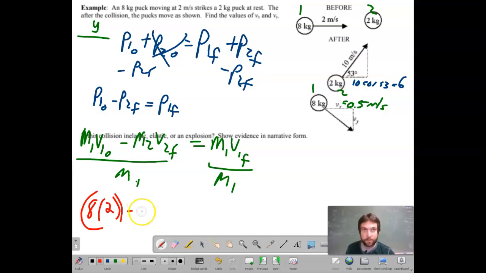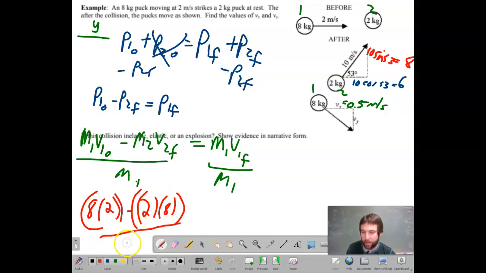Use parentheses like they are free. M2 is 2 times our final speed in the y direction. Oh, we've got to do that too. 10 sine theta. And we get 8 meters per second. Divided by M1, which is 8. And when we put those together, we have 2 meters per second.